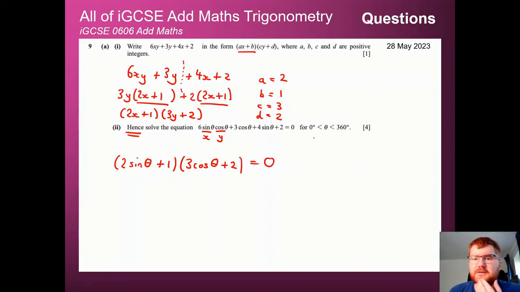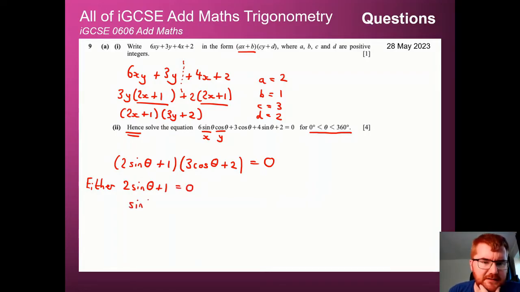is equal to 0. Notice our domain this time is in degrees, so get that calculator changing. And now we need to solve these two separately. So either, we'll start with the easier one here, 2 sine theta plus 1 is equal to 0. Therefore sine theta is equal to minus a half. As soon as you see minus a half, you should be thinking exact values, but again, you have a calculator, so why not use it?